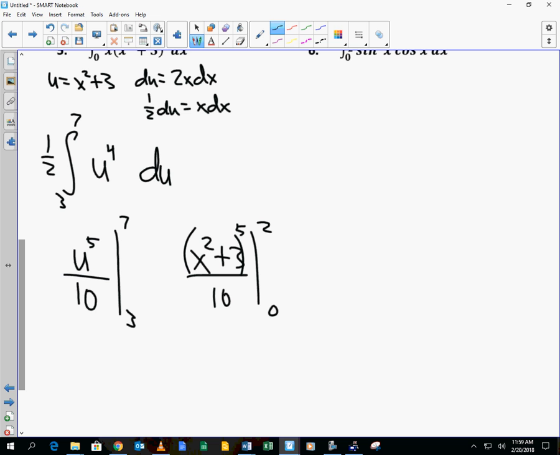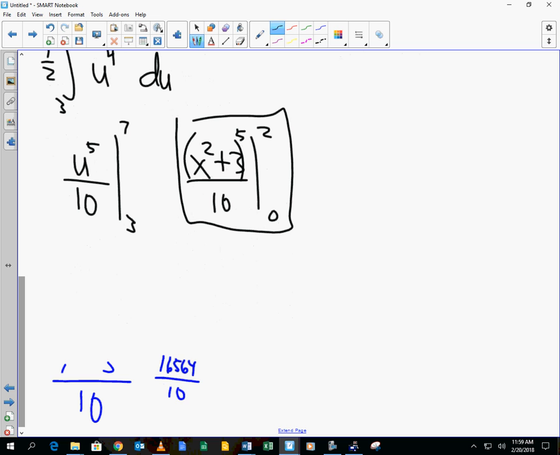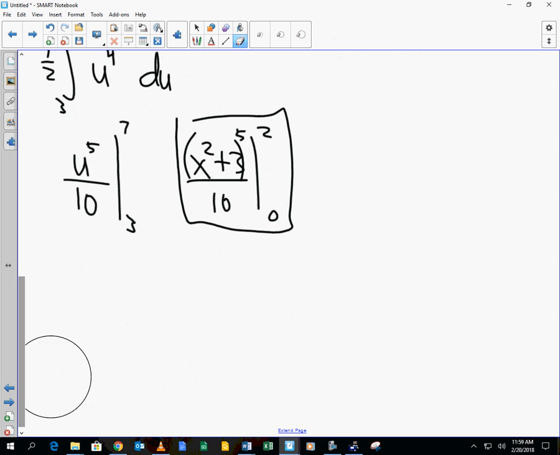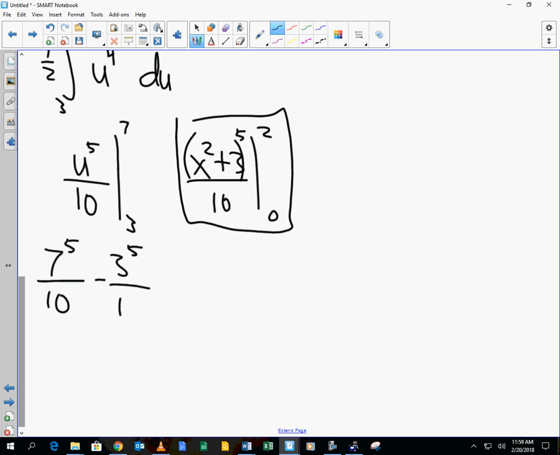So most people just continue to substitute u back in and do that. But on the test, I'm going to ask that for a section you focus on doing it by substituting bounds. And so you have to know how you come up with the 3 and the 7. And now we evaluate. We have 7 to the 5th over 10 minus 3 to the 5th over 10.